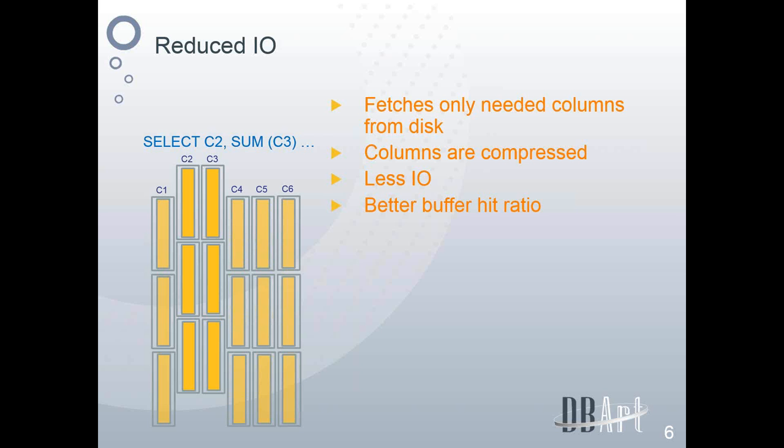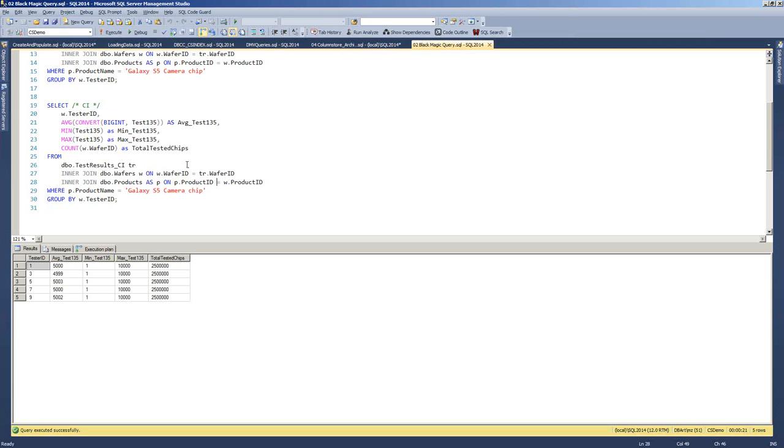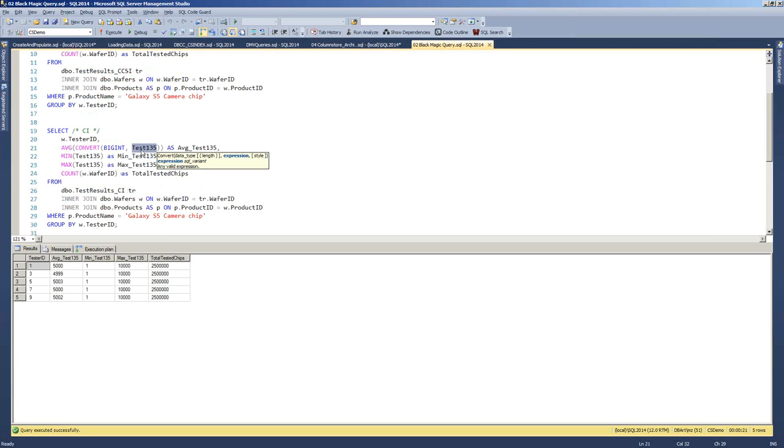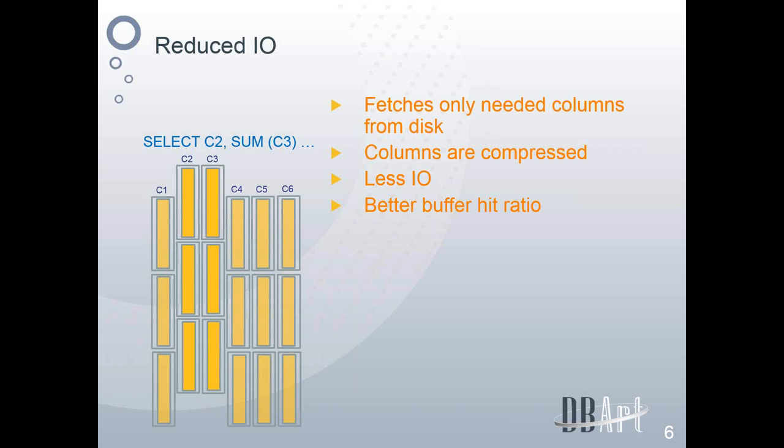While we actually need only 2 columns: wafer ID and test 135. We can't create a covering index for each of the test columns. It's unrealistic. So we have to query the clustered index, which means that we need 2 columns but query 202 columns, so it's 100 times more data than we actually need.